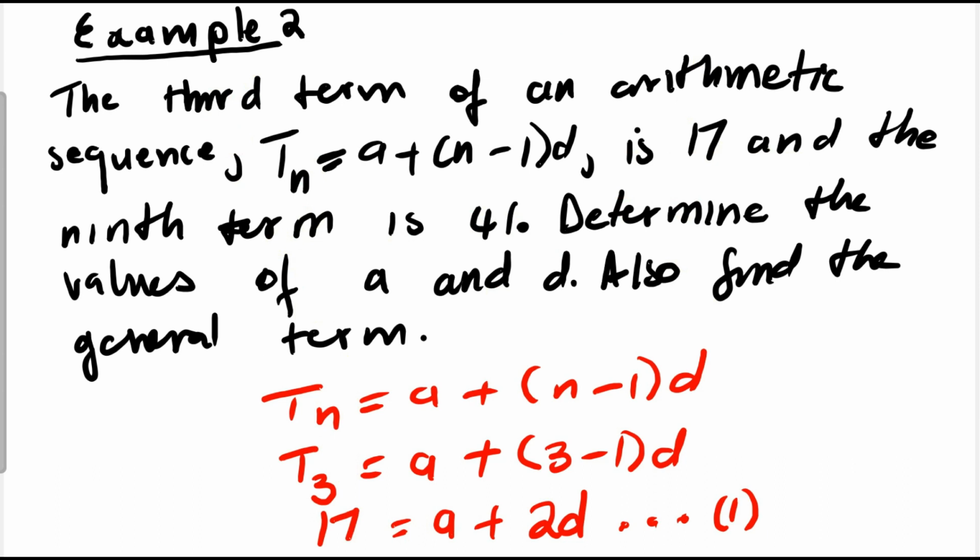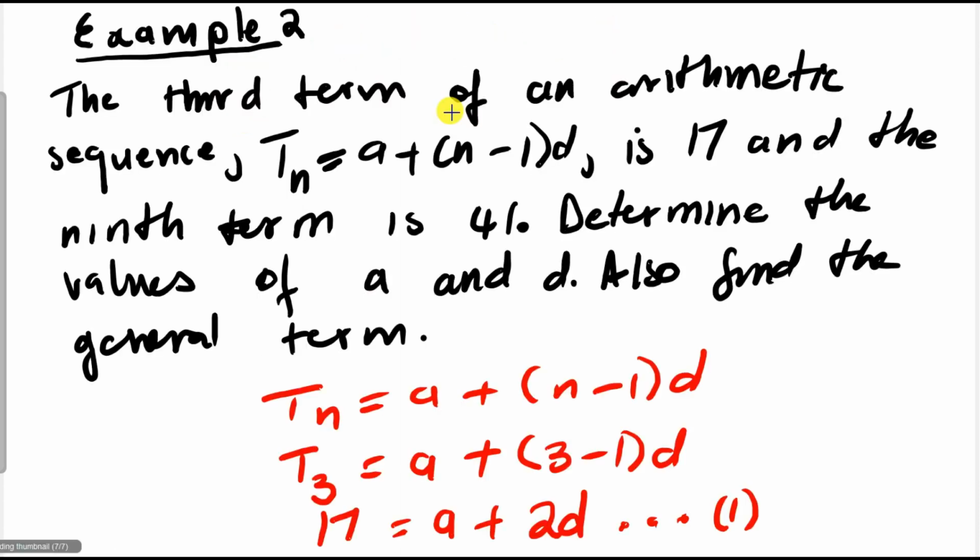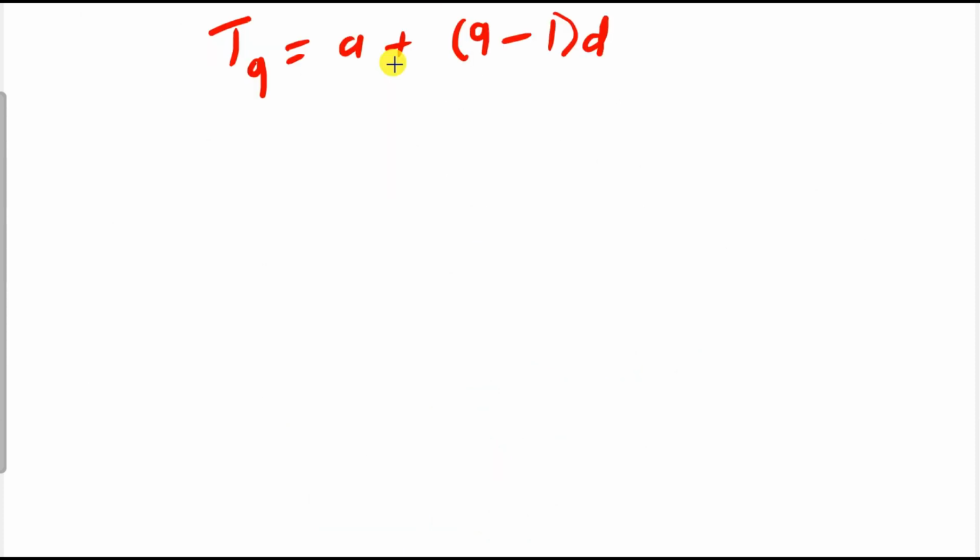So let me go to that. T9 equals a plus (9 minus 1) times d. What is the ninth term? They said the ninth term is 41. So this means we have 41 equals a plus 8d. I'm going to call this one equation 2.